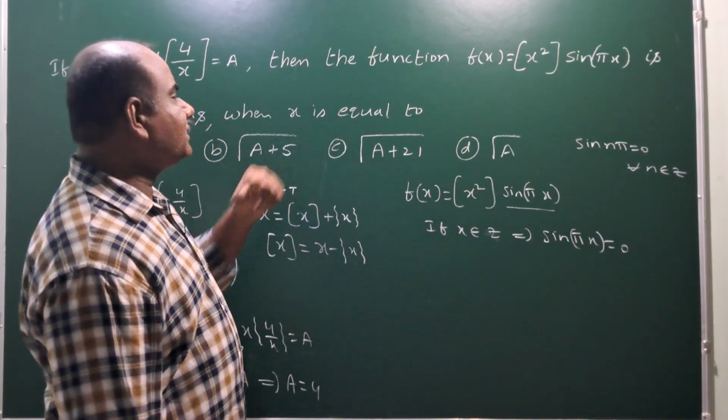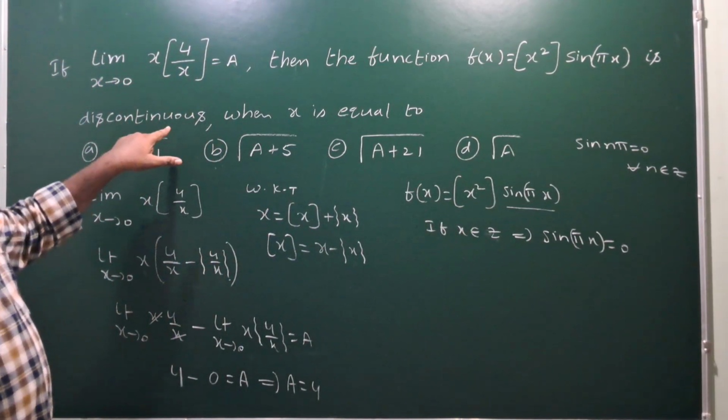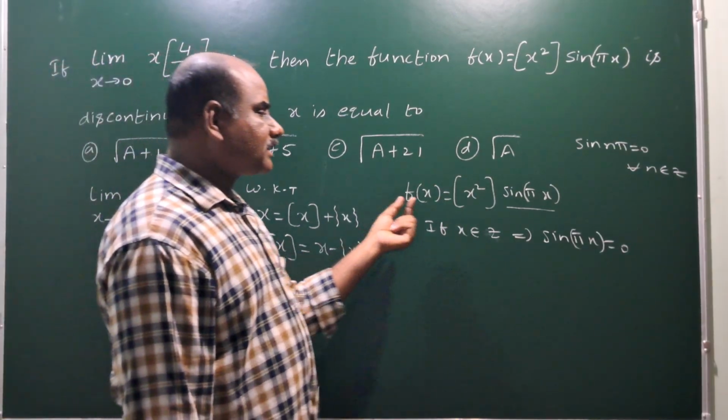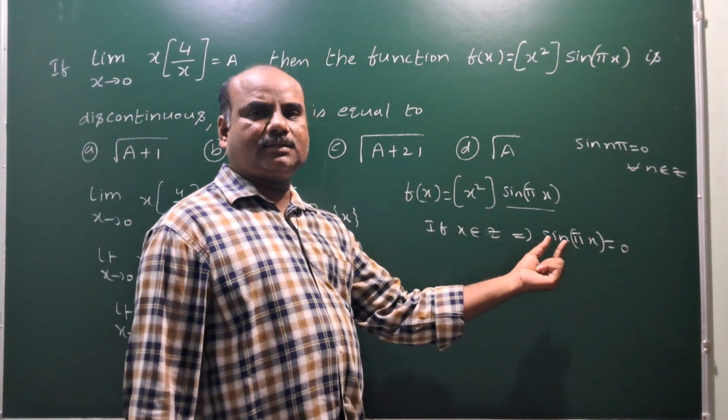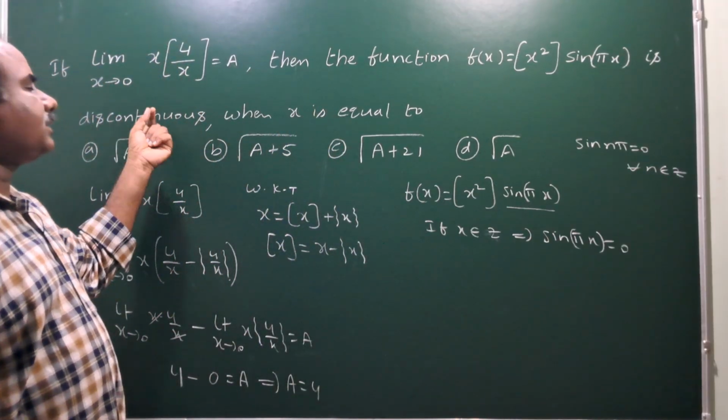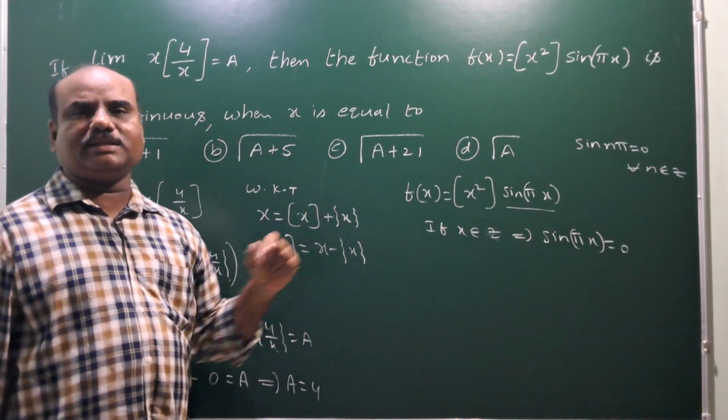Here the function is given as discontinuous. We know that it is continuous for all x belonging to Z, since sin pi x is 0 and therefore f(x) is also 0. So discontinuous means it is possible for non-integers only.